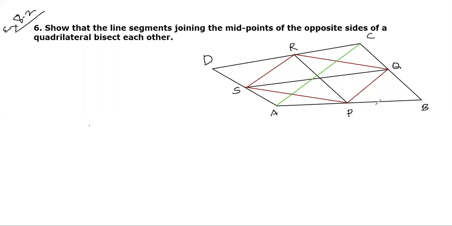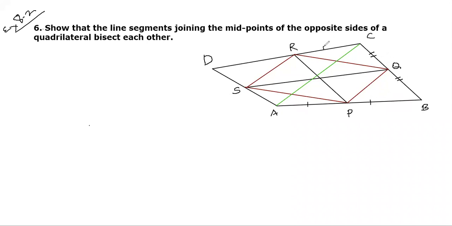So that means AP is equal to PB. This is a quadrilateral. Now, this side is equal to this side. You have to use another symbol. This side is equal to this side, but this side is not equal to this one.